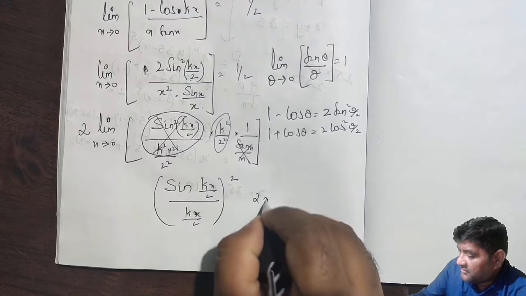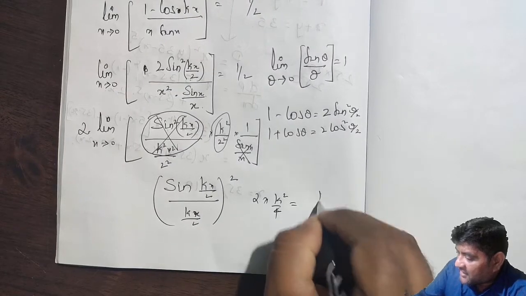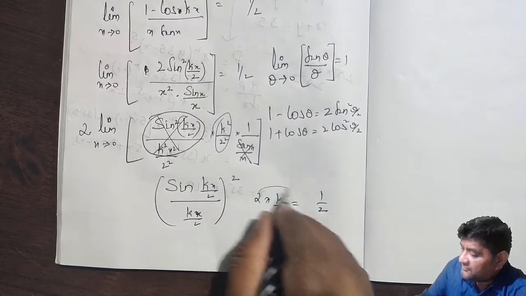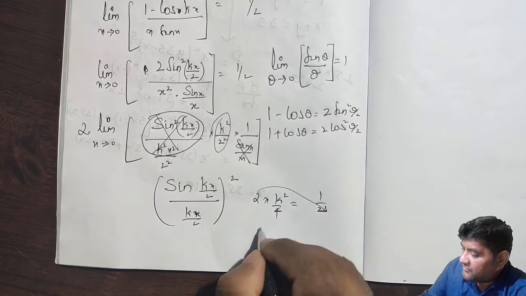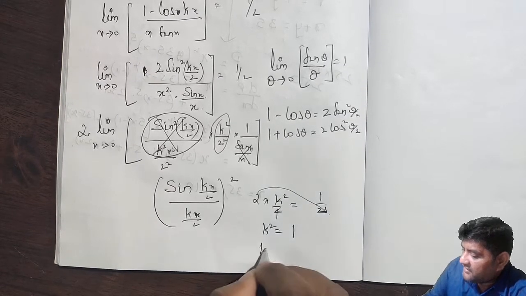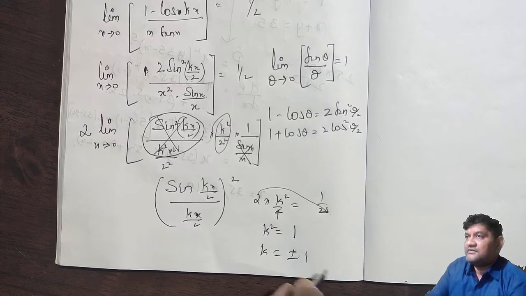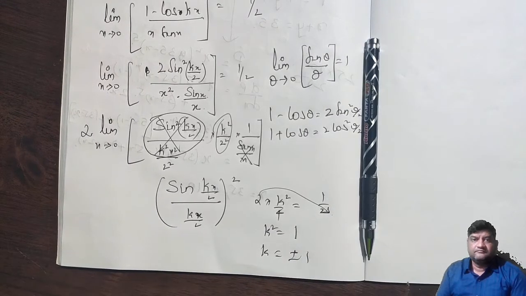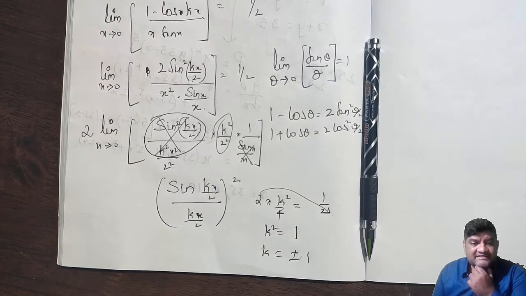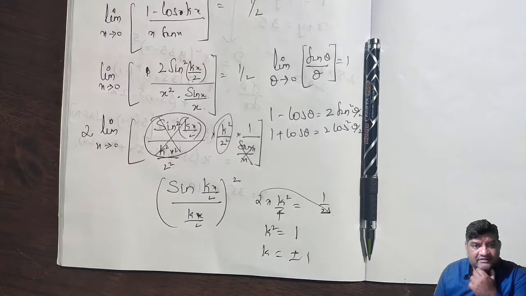So 2 into k square by 4 is going to be equal to half. Transposing this to the right hand side, it's basically a 1. So k is plus or minus 1. That's your answer. Remember these things because some tricky questions have come up with this. So you need to know how to go about doing the question.